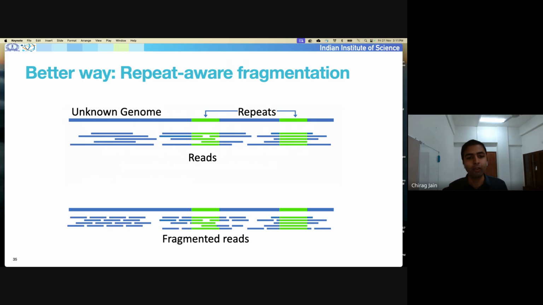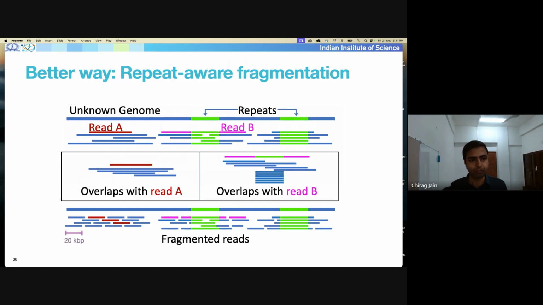One way is that we check the overlap of the read with all other reads. This is a visual of that idea. If you have a read A, which is coming from a non-repetitive region of the genome, then some number of reads will overlap with that read, because the reads sampled from a similar region will overlap with that read.